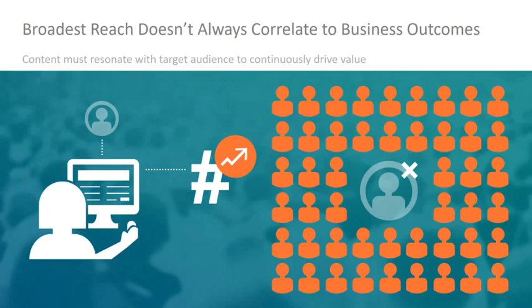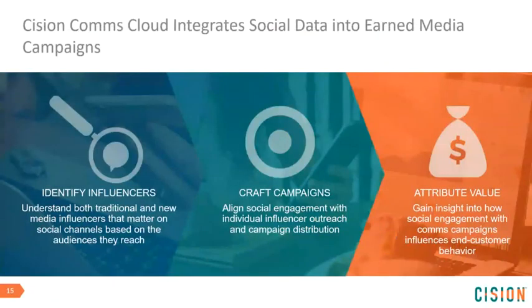Now, just as I went through our key areas of focus a few slides back around identifying influencers, crafting campaigns, and attributing value, we enable those same three pillars across all channels, including social. So now our customers can start by monitoring social conversations across all earned media channels, including key social media networks, to identify the influencers that are discussing relevant brands or industries or topics, and they can gauge the impact of these influencers on their target audience.